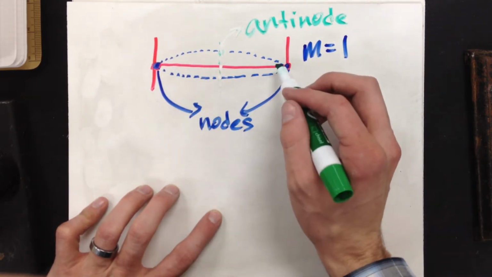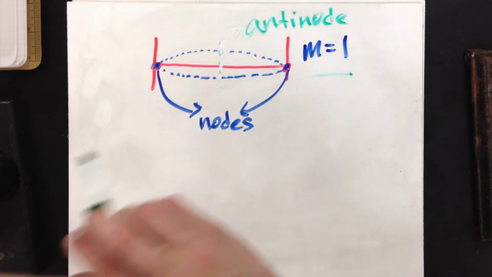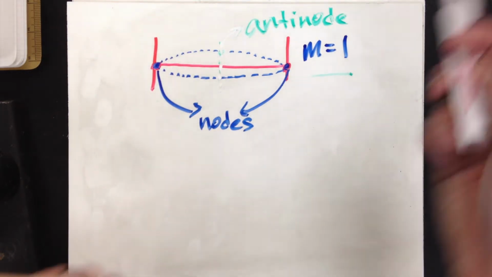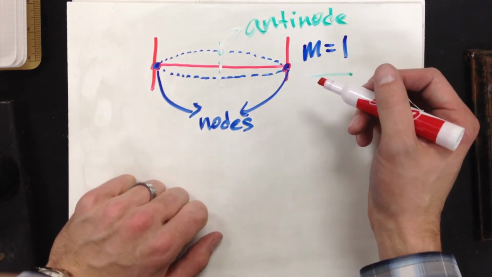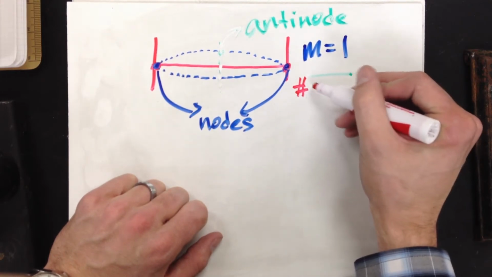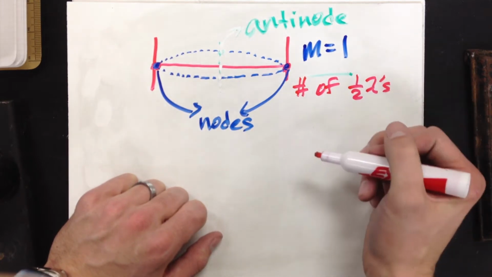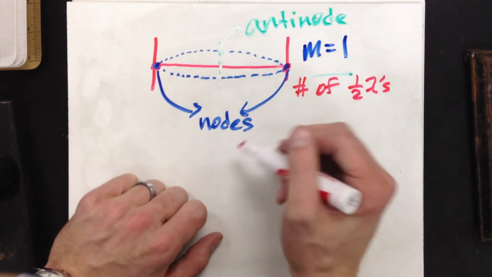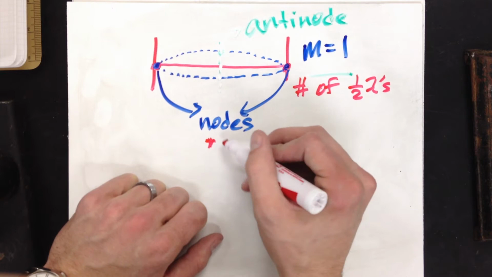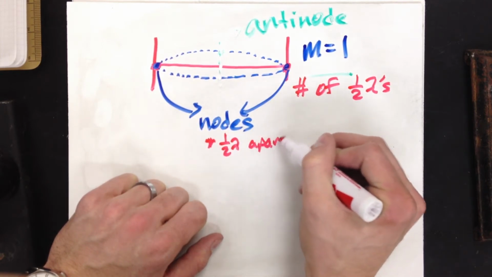No movement at all, node. Now, this m equals 1. That is called the mode number. And what this tells you is the number of 1/2 wavelengths. So nodes, adjacent nodes, are always 1/2 wavelength apart.